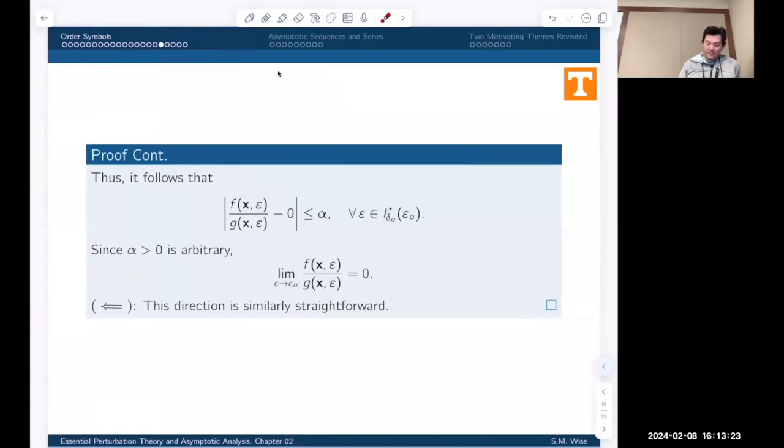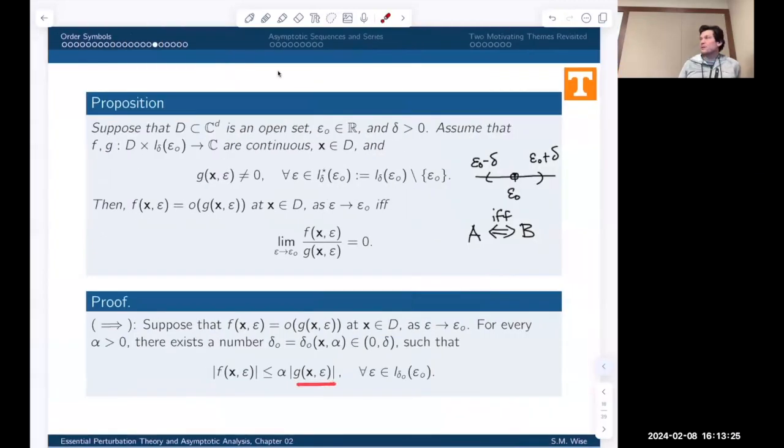Now, I can divide both sides by g of x because it's not going to be 0 at any point except for possibly whenever epsilon is equal to epsilon naught. And so I'm going to exclude epsilon naught because that's kind of a trivial place anyway. Epsilon equals epsilon naught, that's the limit point.